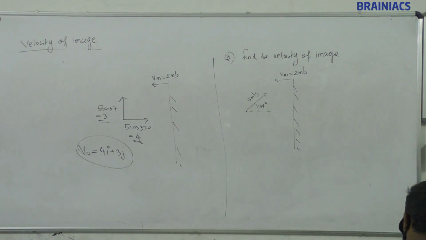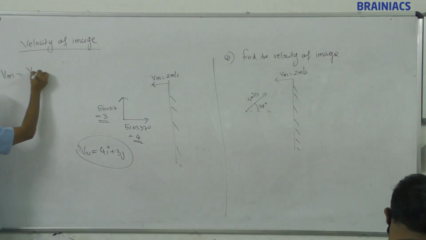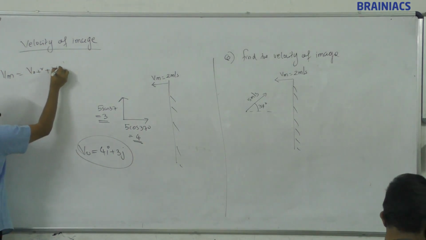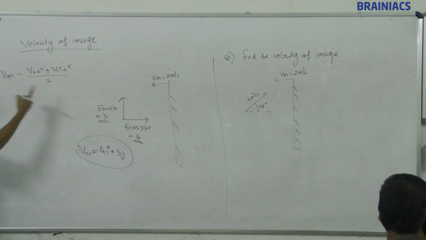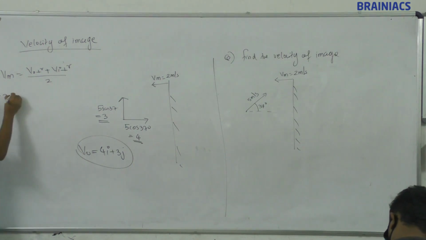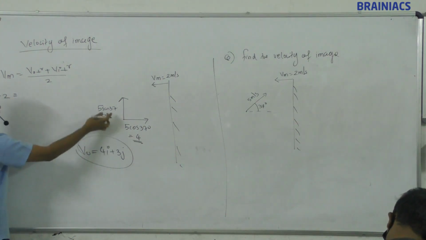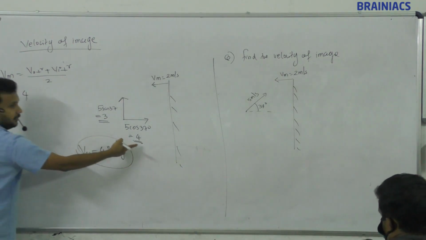Now when the mirror is also moving, what is the formula for the mirror? Vm equals V object perpendicular plus V image perpendicular, divided by 2. V mirror, what is the value? -2. V object perpendicular, what is the perpendicular component here? 4 is the perpendicular one.